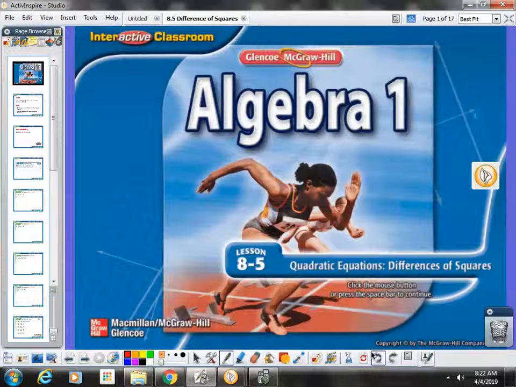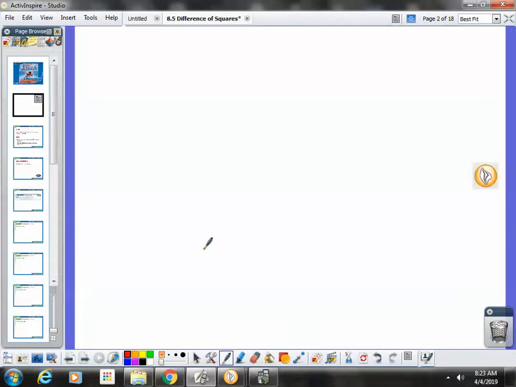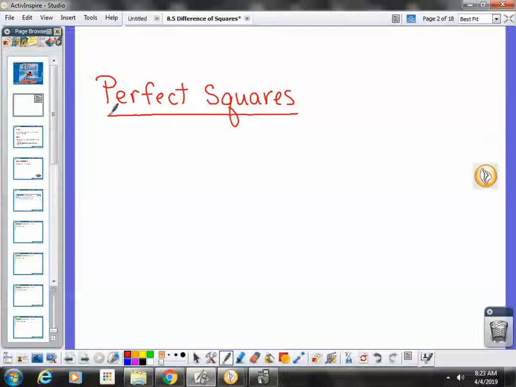To begin this lesson, I want to make a list of common perfect squares. Put this somewhere handy on your notes page because I think you're going to want to reference it. Perfect squares are numbers that I take to the second power.